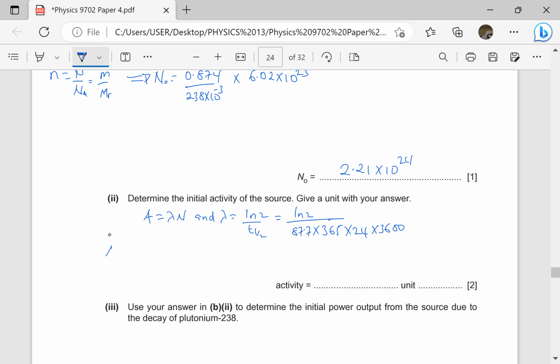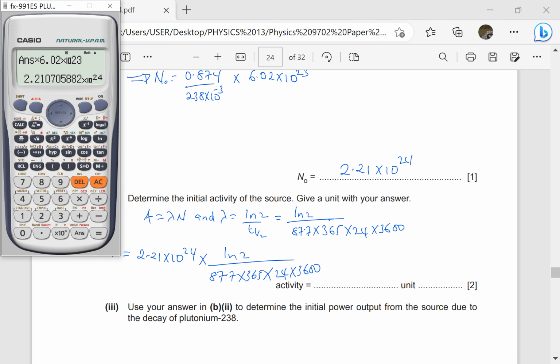So it means the activity is going to be equal to N, which is 2.21 times 10 power 24, times the decay constant, which is ln of 2 divided by 87.7 times 365 times 24 times 3,600.